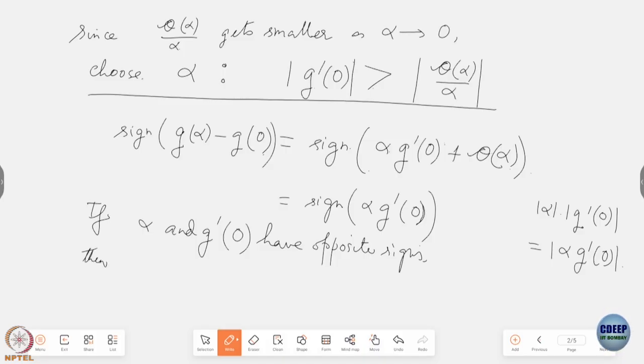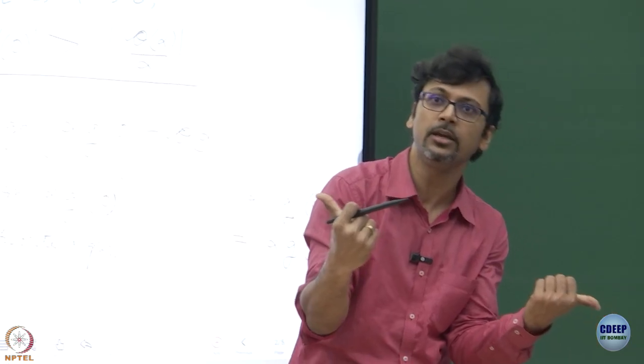Then G of alpha minus G of 0. Now I'm getting rid of the signum and we have this, which means what exactly? That by proceeding along that suitable direction, either along the plus direction of V or along the opposite direction of V, you can do better.